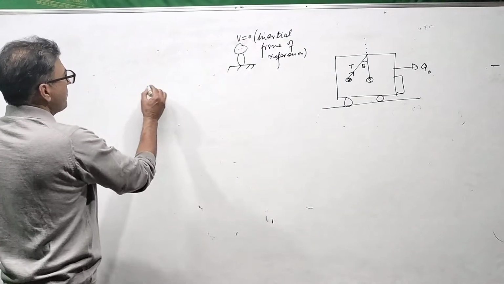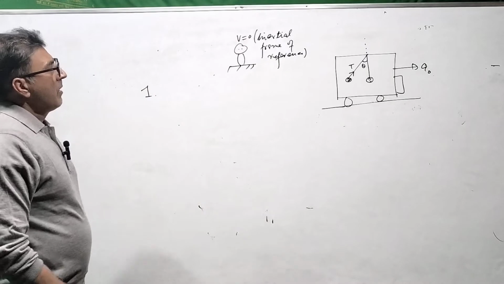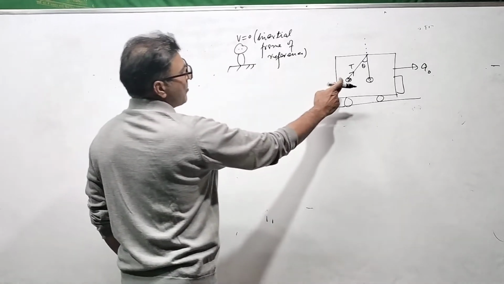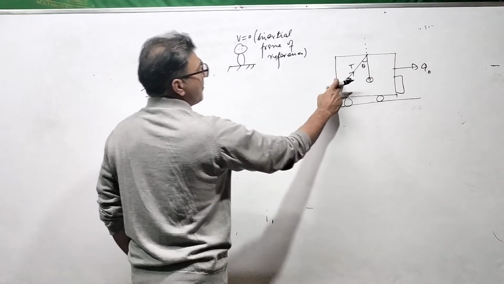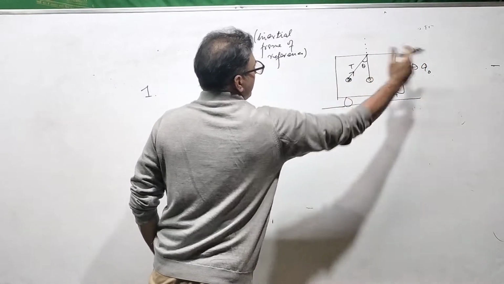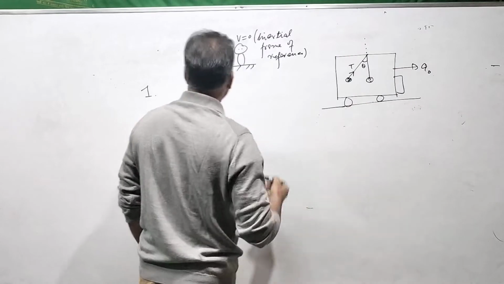First of all, point number 1. For him, what is the acceleration of this bob? The acceleration of the bob will be the same as the acceleration of the car, that is, in the forward direction.